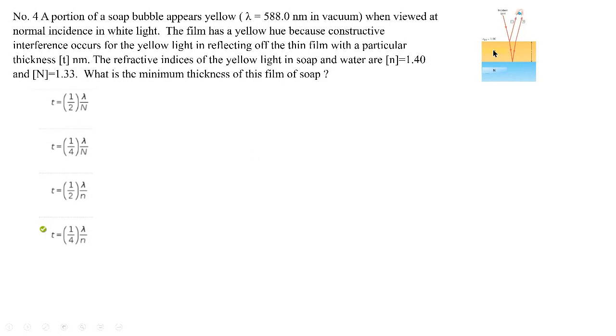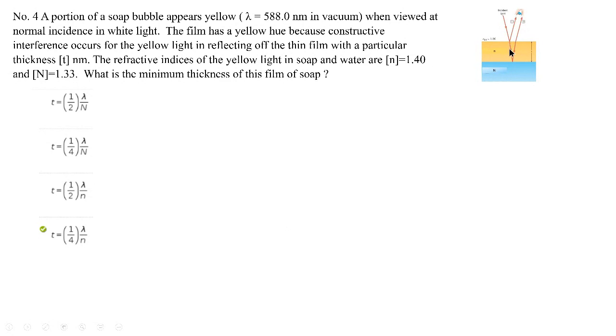So we call this index of refraction little n, and this index of refraction capital N. All right. And then we already learned in our class that there is this effect that when light wave number 1 is reflected off a medium whose index of refraction is bigger, there is a 180-degree phase change in light wave 1.